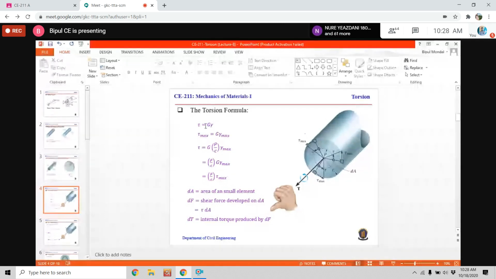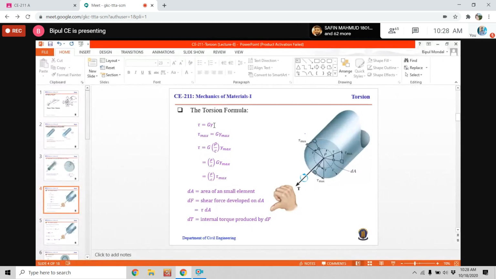Similarly, for shearing deformation, shearing stress equals G gamma, where G is known as the modulus of rigidity, and gamma is the shearing strain. From here we can see that shearing stress depends on shearing strain.